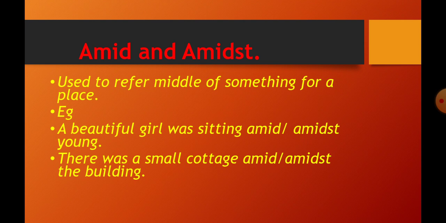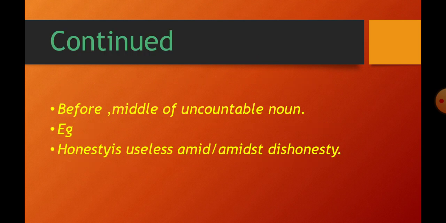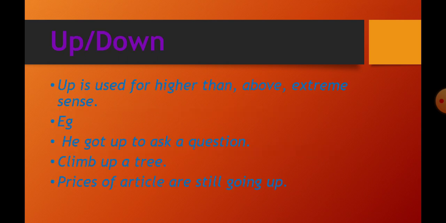That means amidst many buildings, there was a small cottage. Before, middle of, countable noun. Honesty is useless amid or amidst dishonesty. That means in a place where everyone is dishonest, honesty is useless. So honesty is useless in between dishonesty.